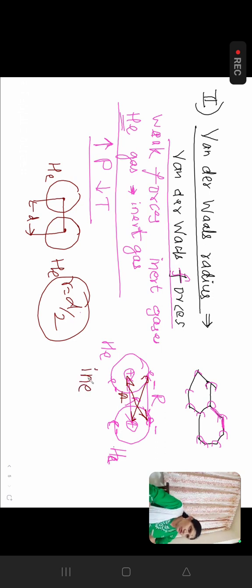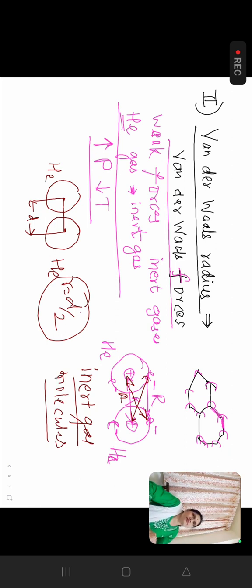In case of inert gases, molecules and atoms are the same. So inert gas molecules come close to each other.